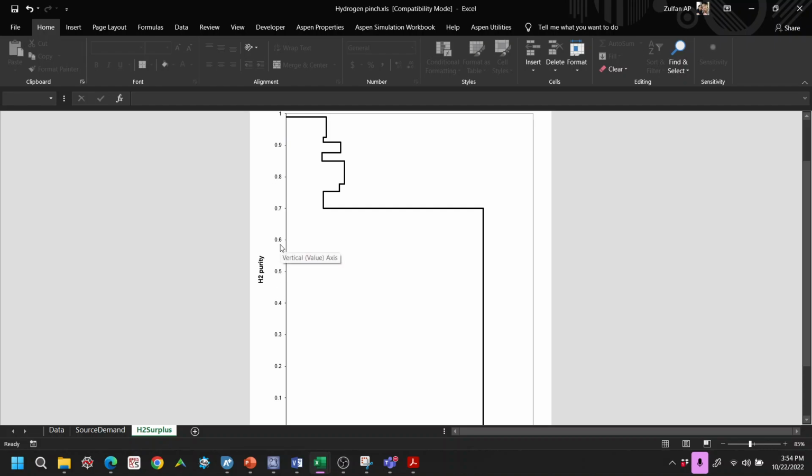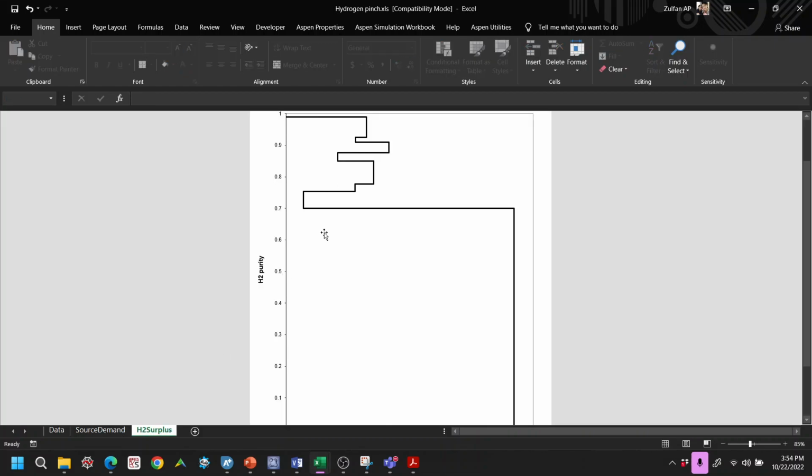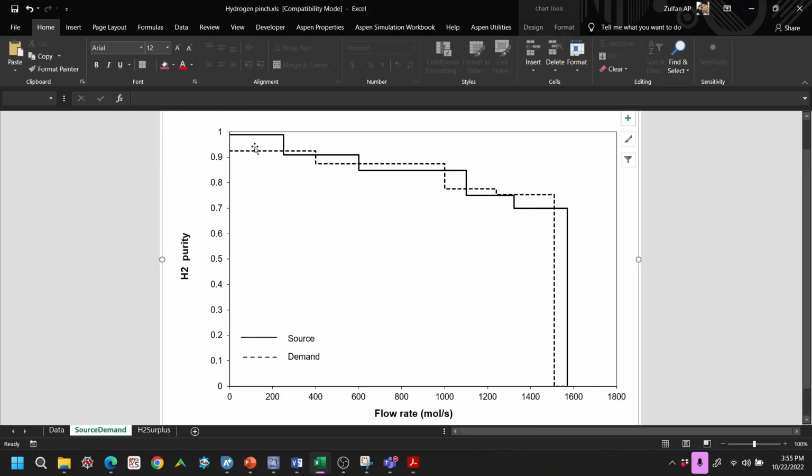So this means theoretically we can still reduce the amount of hydrogen required. So shall we reduce it to 250, for example, and then you can see it moves to the left a little bit, but you can still see none of this is touching the x equals 0 line, and this moves to the left a little bit.